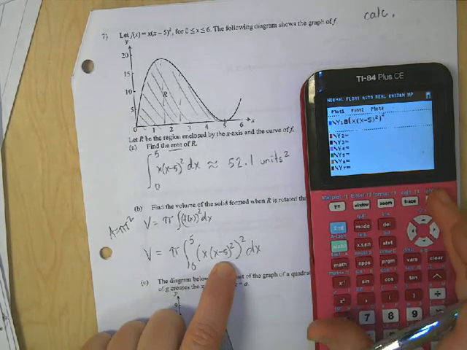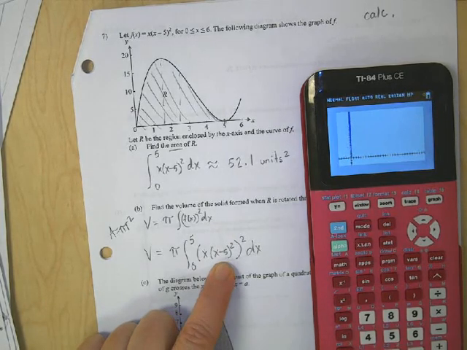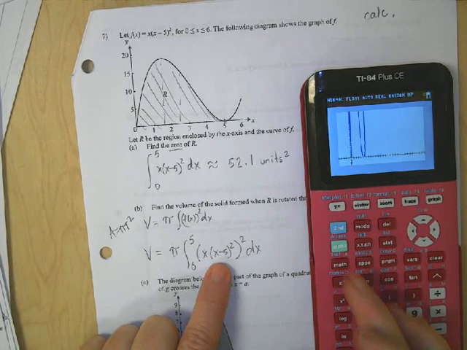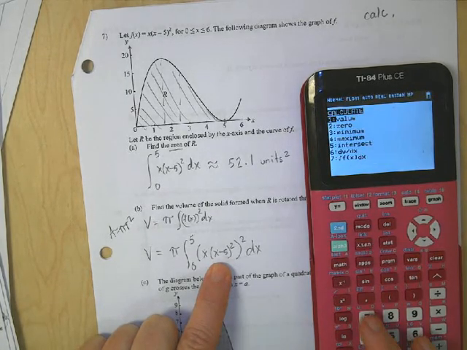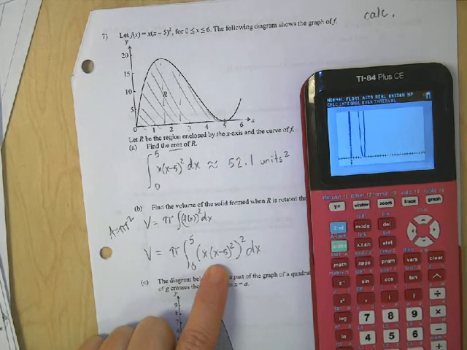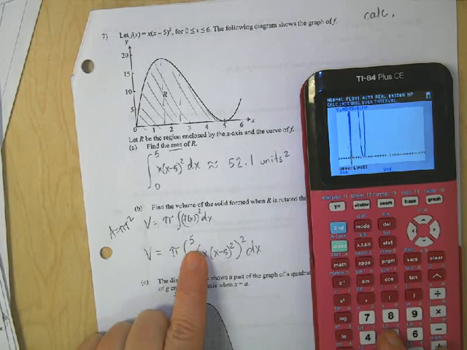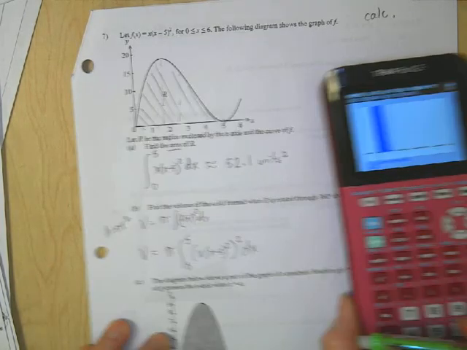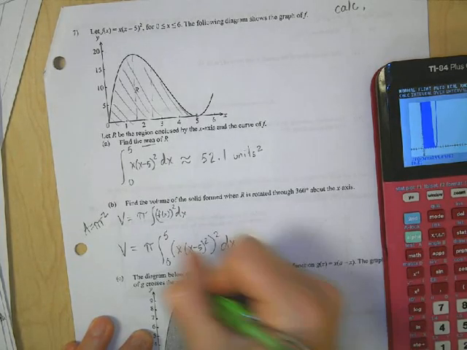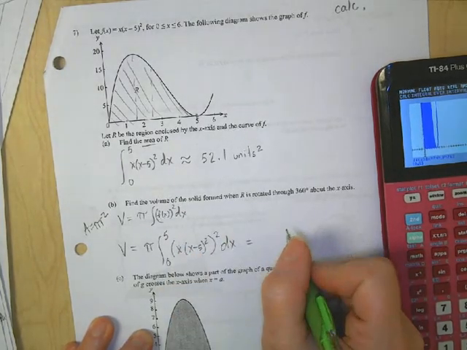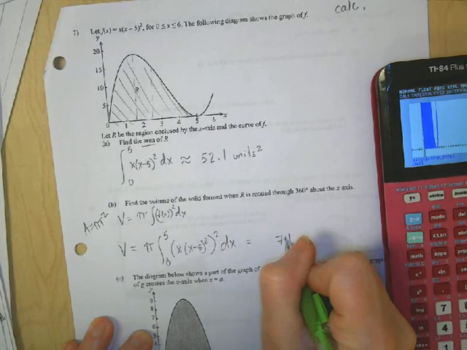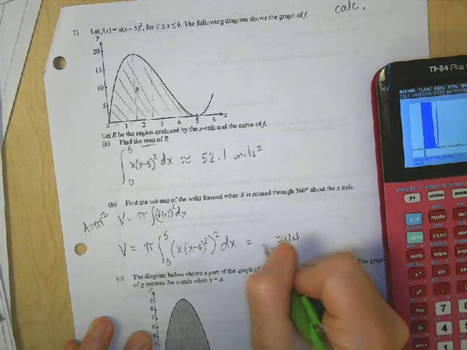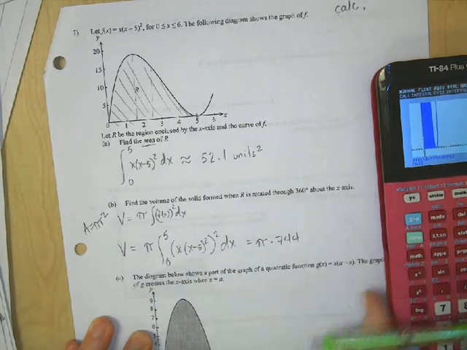So I can graph that. And then I'm going to integrate that, number 7, from 0 to 5. That gets me, just the integral part gets me 744. But then I've got to multiply that by pi.